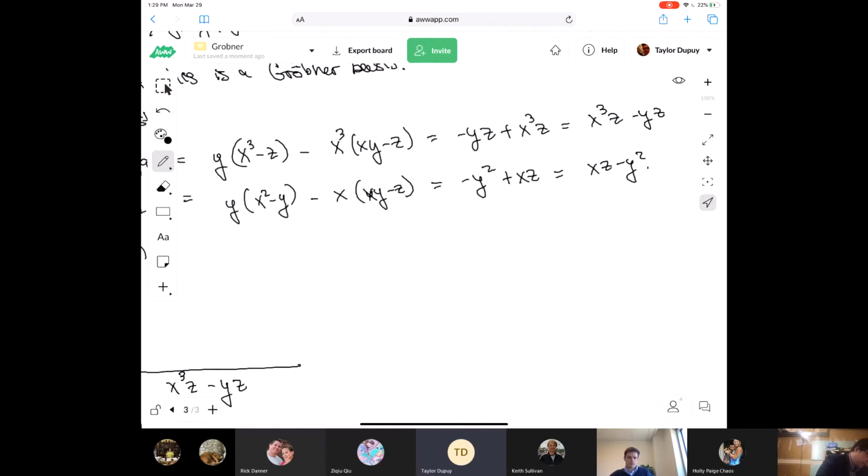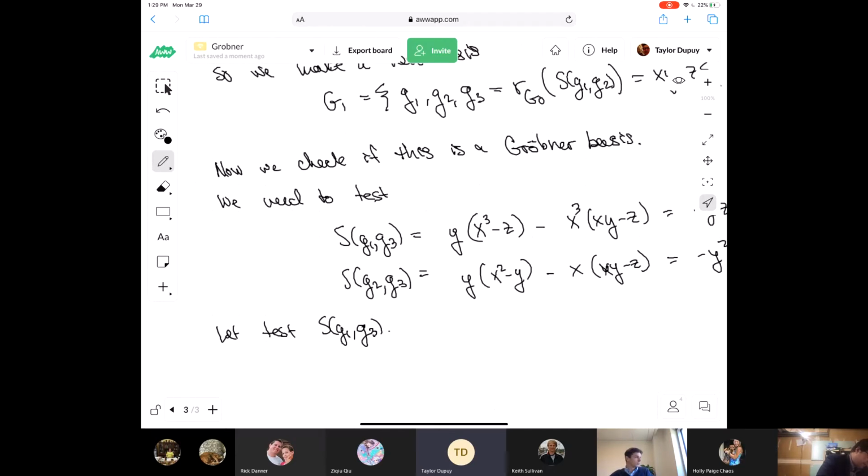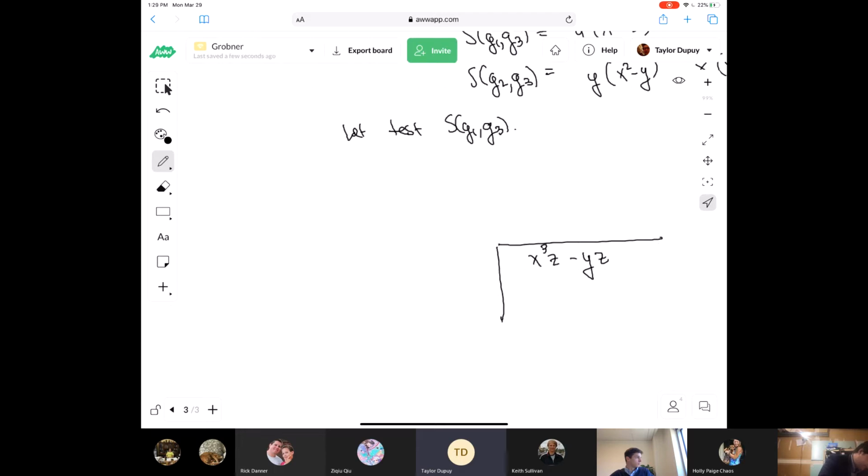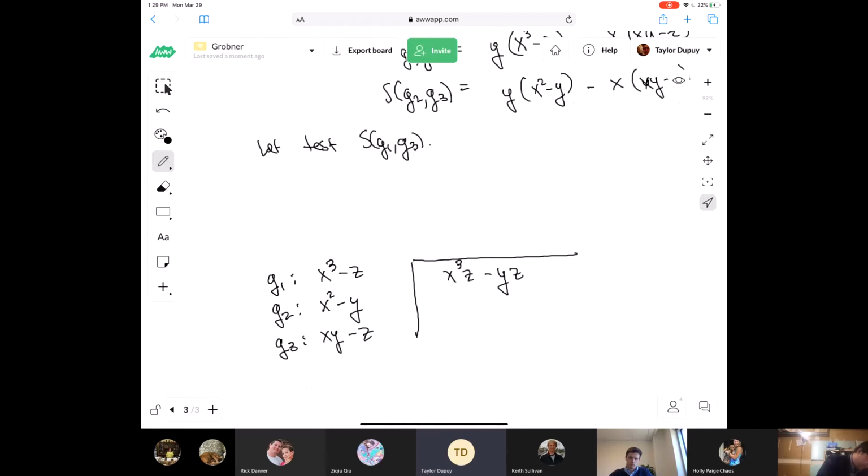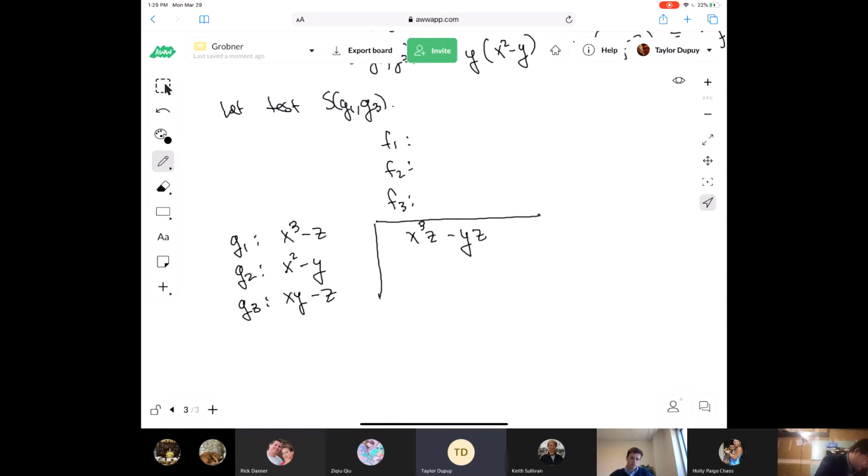Okay, we're going to take the division with remainder, and we have three things that we divide by: G1, G2, and G3. G1 was x cubed minus z, G2 was x squared minus y, and G3 was xy minus z. Now we start to compute.